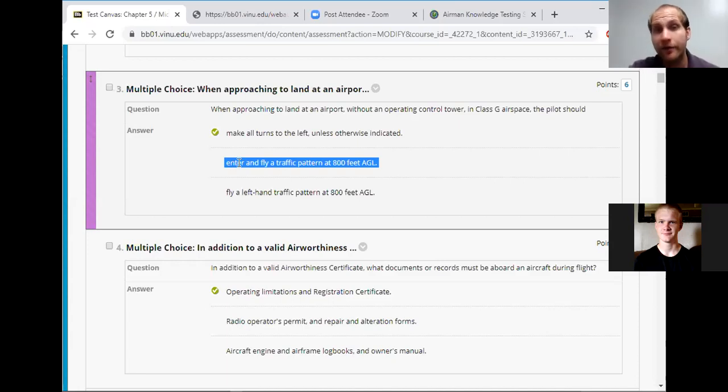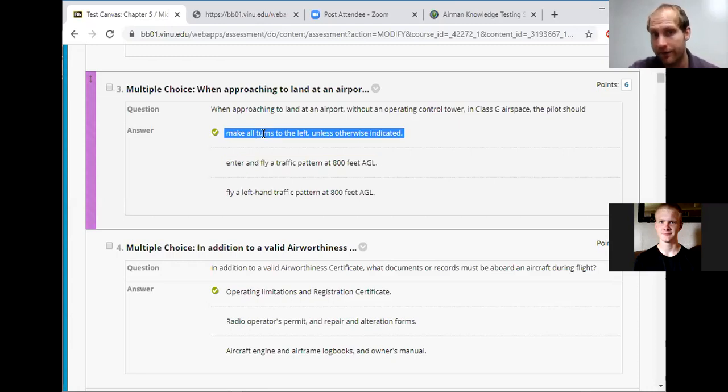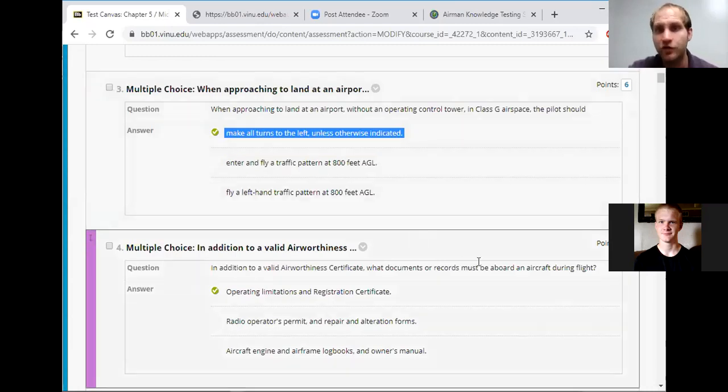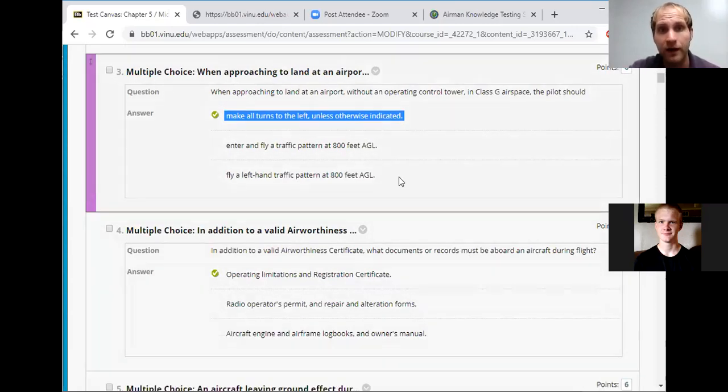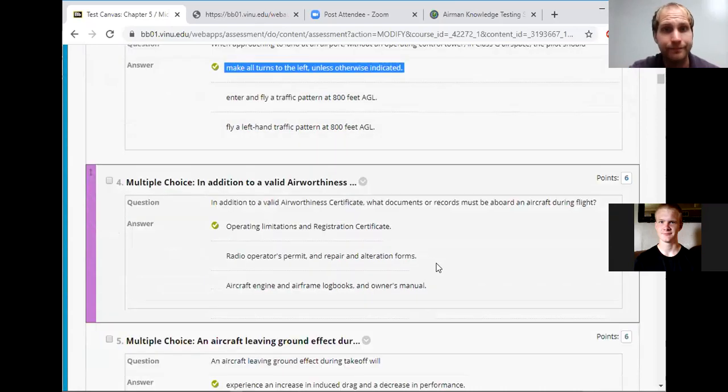Yeah, there are some airports that could have an 800-foot AGL traffic pattern, but the standard traffic pattern is 1,000 AGL left-hand turns. So that's the best choice here according to our FAA test bank. Make all turns left unless otherwise indicated. Answer choice A.